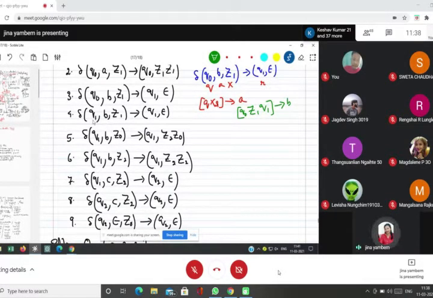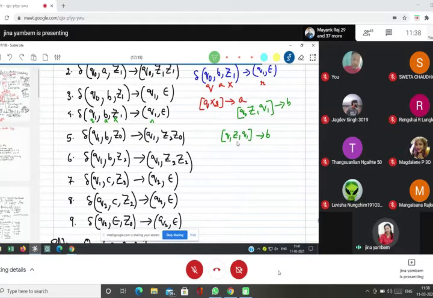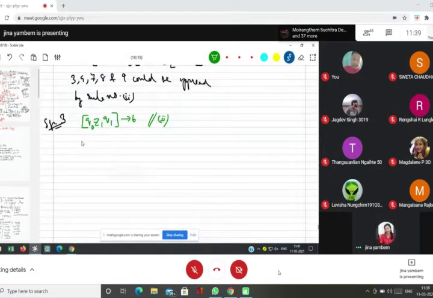So in this case, this is QAXR, and for this one we get Q1 Z1 Q1 replaceable by B. So this transition function number 4 will be inserted as a production rule in our target context-free grammar: Q1 Z1 Q1 replaceable by B. This is also using rule number 2.